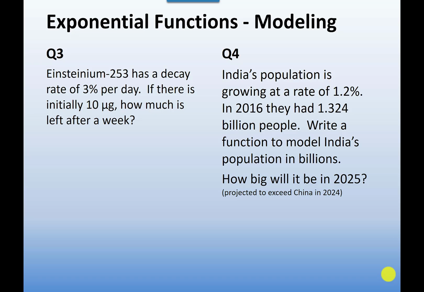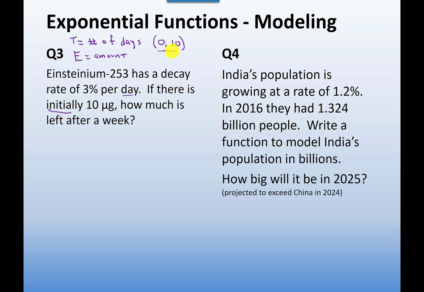Well, let's set up some variables here. I just wrote down a couple quick facts to get us going. We're going to let t equal the number of days, because I see the decay rate is talking about it in terms of days. And the initial value is 10.